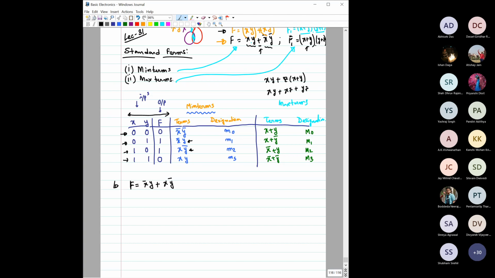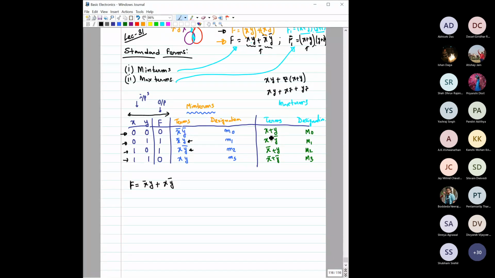Like only this part, how I am writing this function? Yes, sir. Sir, in the max term, in the very first term, you have written x plus y. Can you please explain how x plus y comes? Okay.